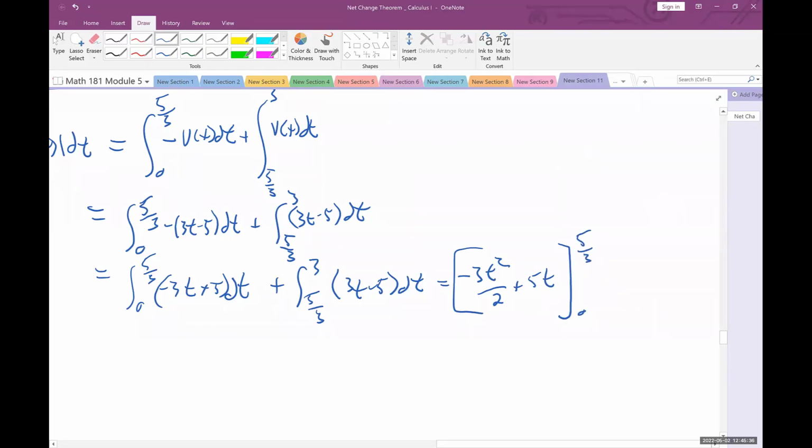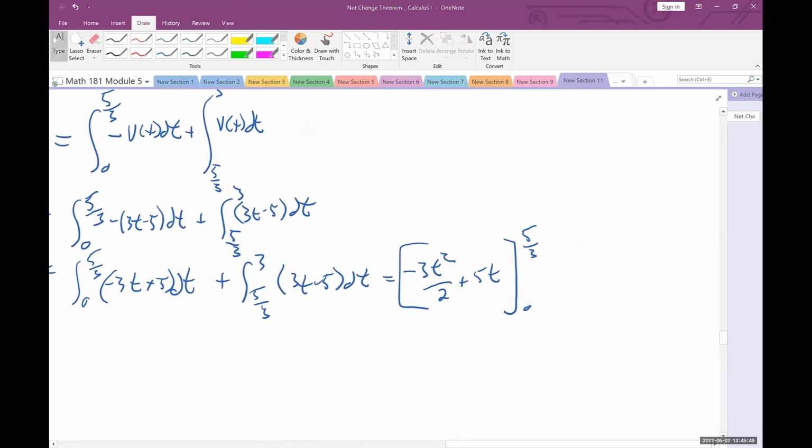Now, I know 5/3 is probably going to make some people uncomfortable, but think about why we chose 5/3. It's still going to be a little bit of fraction dealing with. And then plus the other integral, which is 3t squared over 2 minus 5t, and that's going to go from 5/3 to 3.